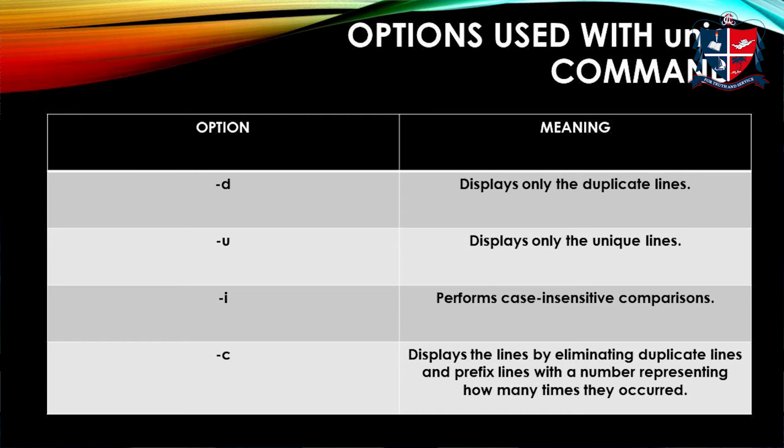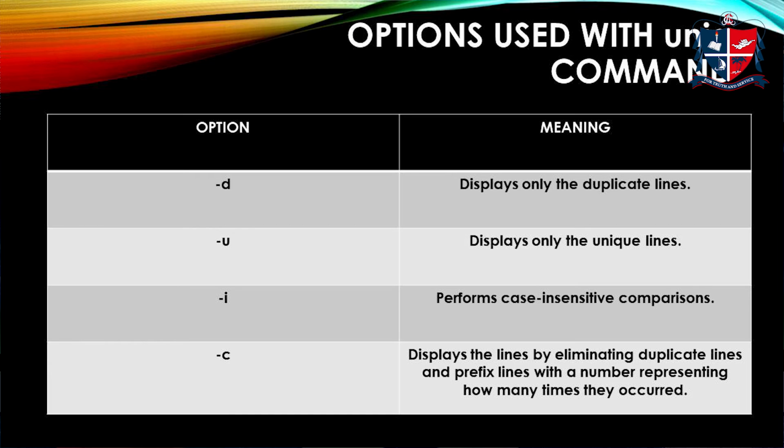And -u option will be displaying only the unique lines in that file. And -i option: in Linux, normally the comparisons are case sensitive. So when this -i option is used with this uniq command, the comparisons will be case insensitive.